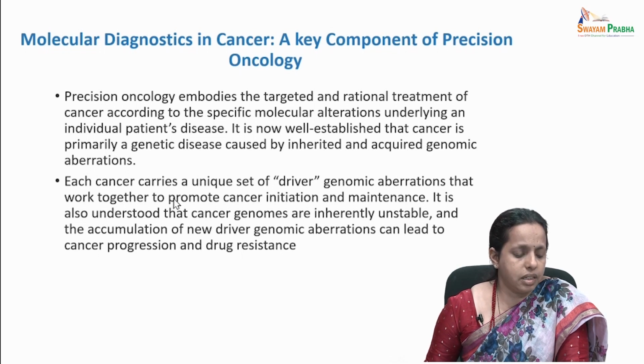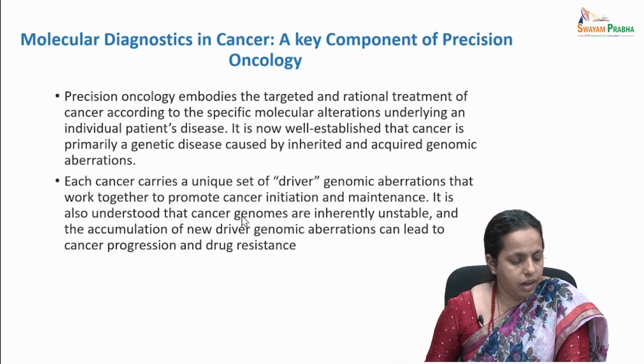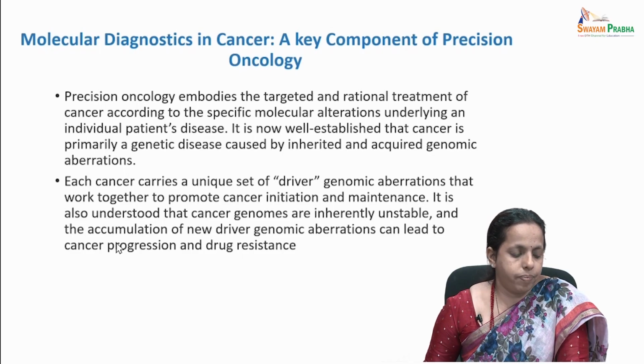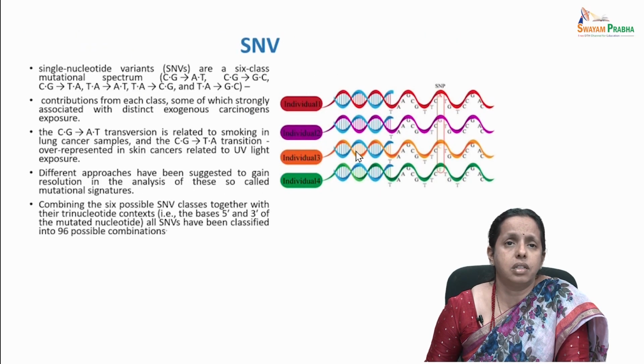Each cancer carries a unique set of driver genomic aberrations that work together to promote cancer initiation and maintenance, as we saw in the initial slide. These genomes are often inherently unstable, and accumulation of new genomic alterations can lead to cancer progression. We have seen in detail in the basics of cancer the different genomic alterations that can happen.